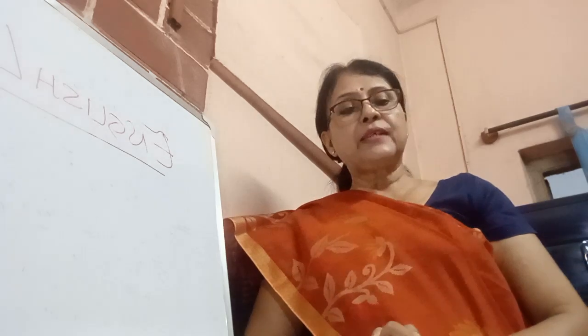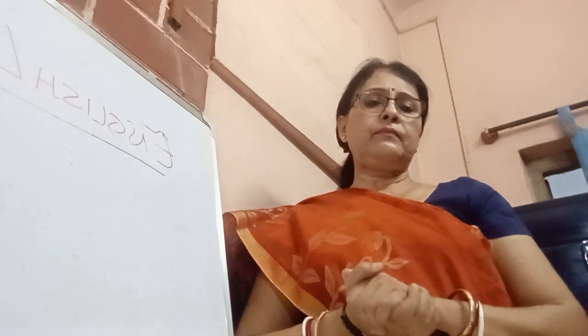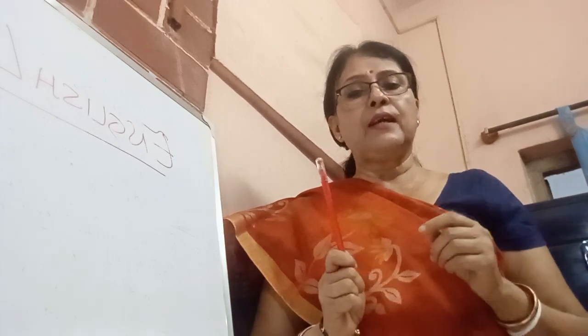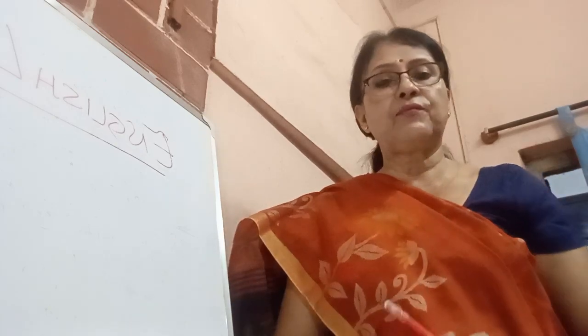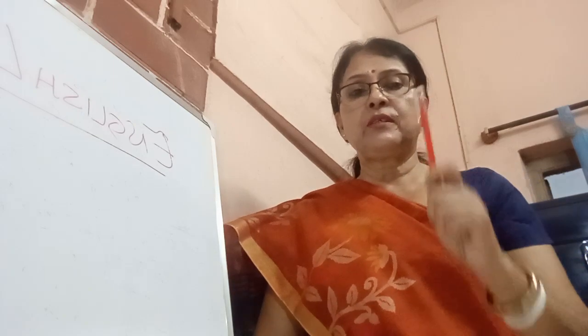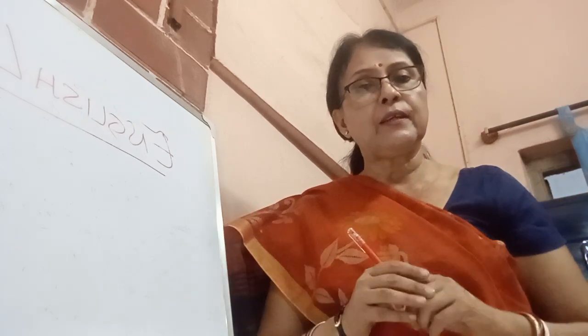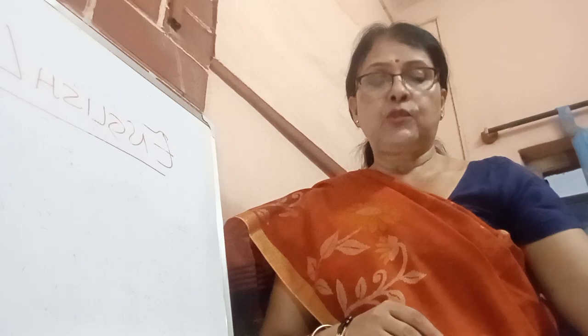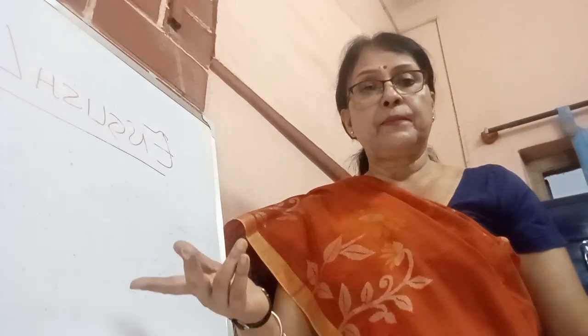Some examples of sentences are: this pen is red in color. It has a definite sense. I'm talking about this pen which is red in color. So we can understand what we are saying.